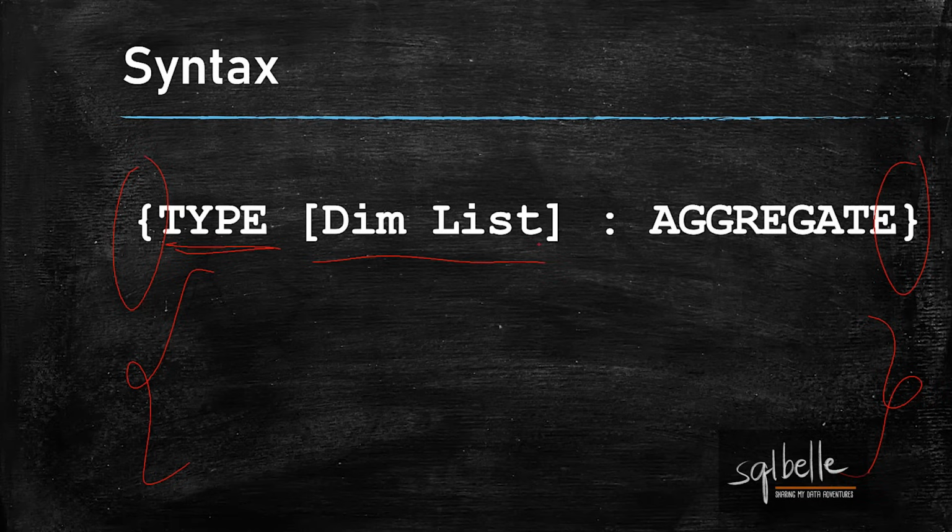Square brackets mean they're optional. So you could potentially have an LOD expression that has one dimension, multiple dimensions separated by a comma, or maybe even none. After your optional dimension list, you need to have a colon, and the final component just before your ending curly brace is an aggregate. When we say aggregate, this is typically your sum, your minimum, your maximum, etc.